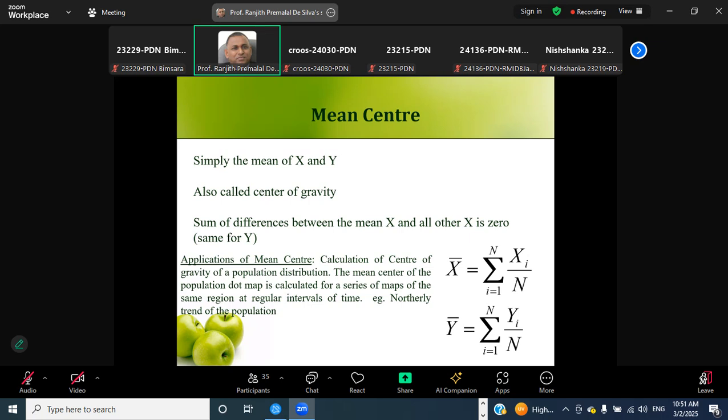Or similarly, you can get the Buddhist average, Christians or Catholics, Muslims, Hindus, and then see with time how this center moves.